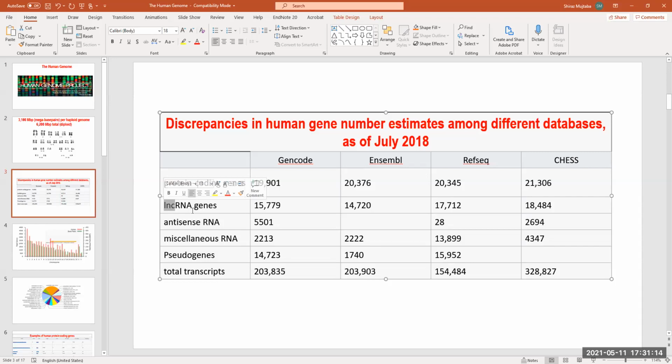That's what the technology shows so far. Then there are antisense RNA, miscellaneous RNA, pseudogenes. So total transcripts in our cell at a given point could be almost 204,000, and this data has been analyzed by various groups, which represent various websites.